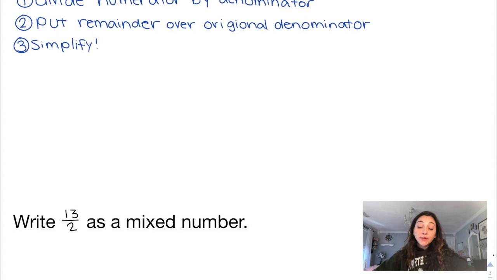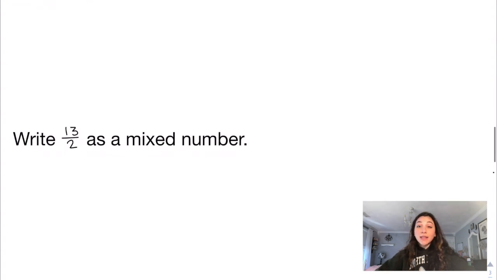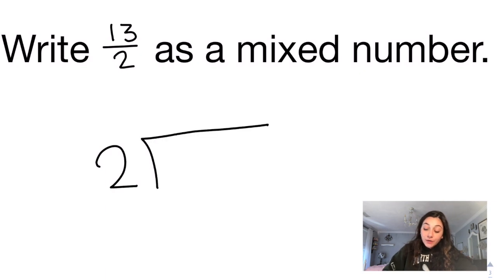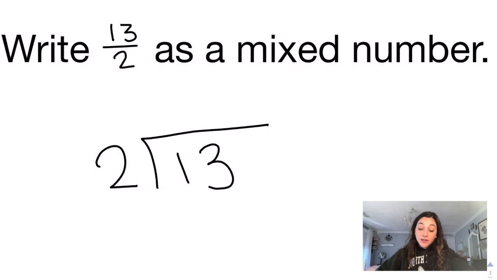First thing we are going to do is divide the numerator by the denominator. So 2 goes into 13 how many times? 2 goes into 1 0 times, so you put a placeholder there over the tens place.